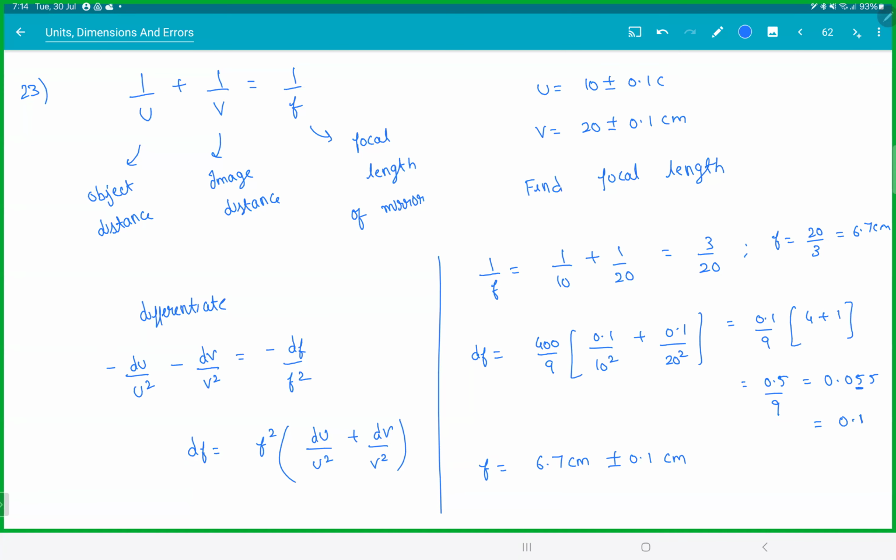I should have given like 0.010 to be more precise. Like I said, the measurement itself is bad. It should have been 0.10. Then your answer would have been 0.06. That would have been more precise. We can do that. This is what I was saying in the beginning. If your measurements are not proper, you'll start getting big errors.